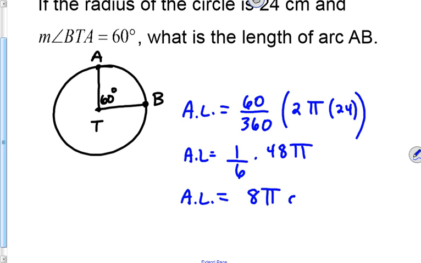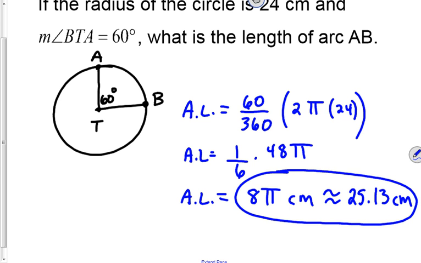So 8 pi centimeters. And as a decimal, that's approximately 25.13 centimeters. So there's an example of applying the simple formula for arc length.